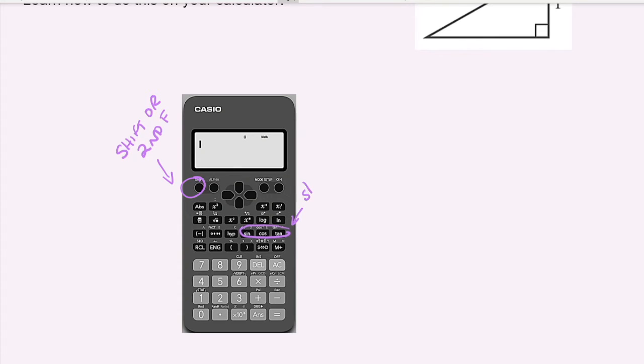So we have shift or second function, depending on which one you have on your calculator. Then either the sine key, the cosine key, or the tan key, and that will get us to our inverse ratios.